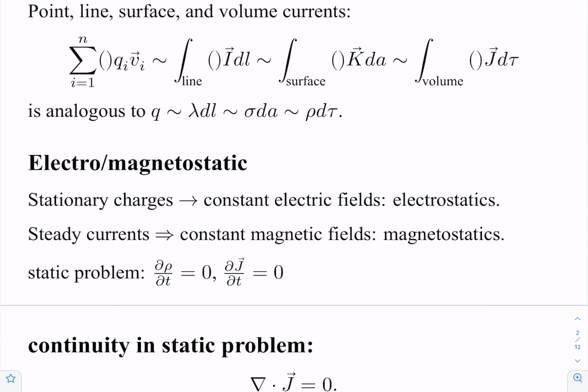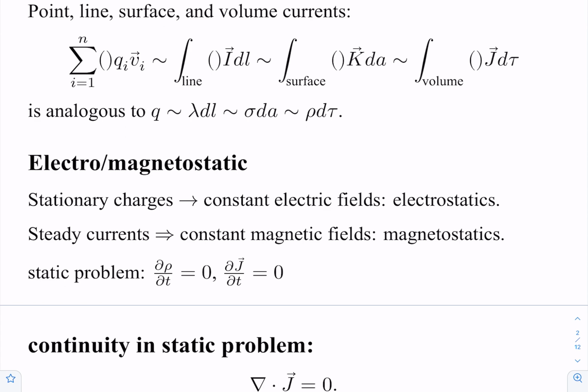And in the magnetostatic case, we require the steady current, and it produces a constant magnetic field. And if we want to combine them together, then in equation, they actually mean that the change of rho and the change of J is equal to 0.